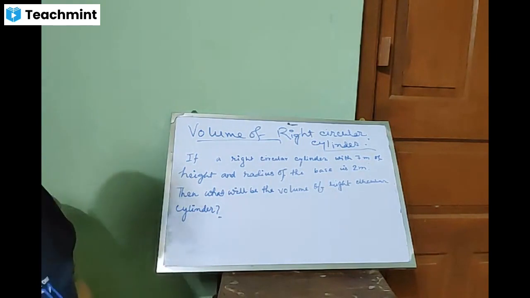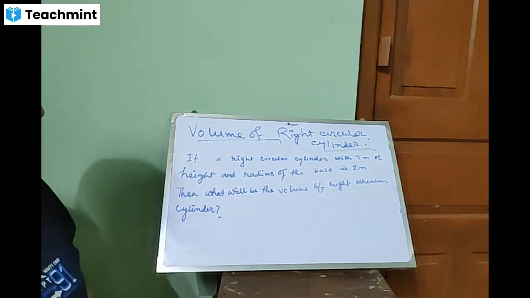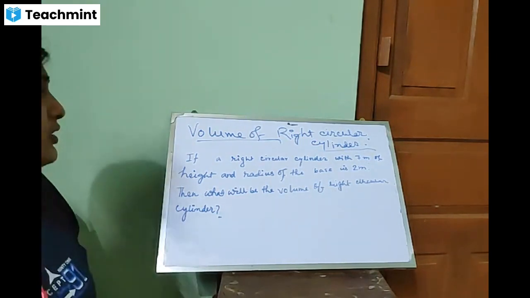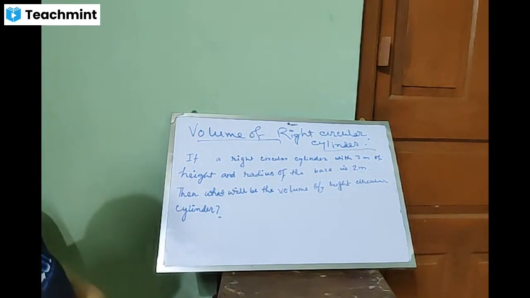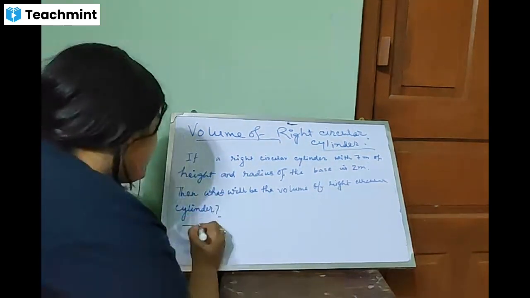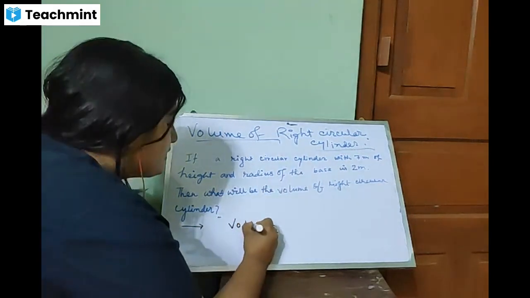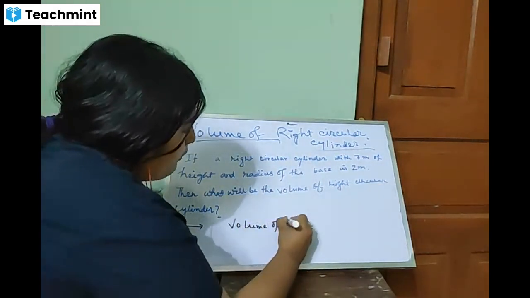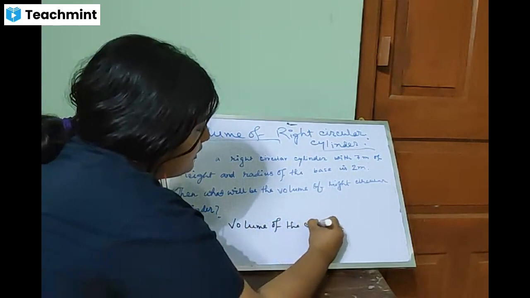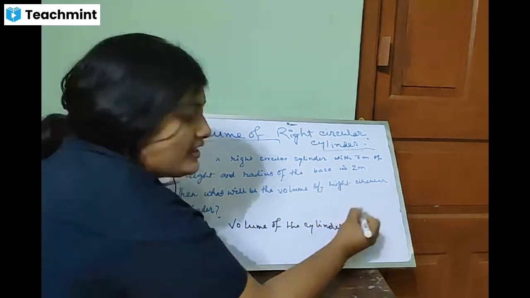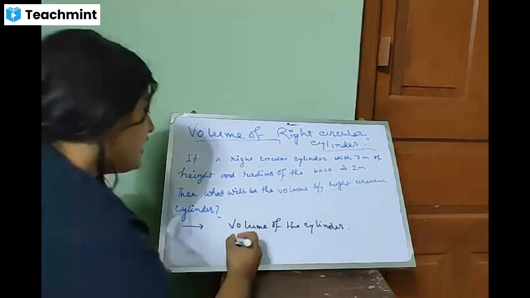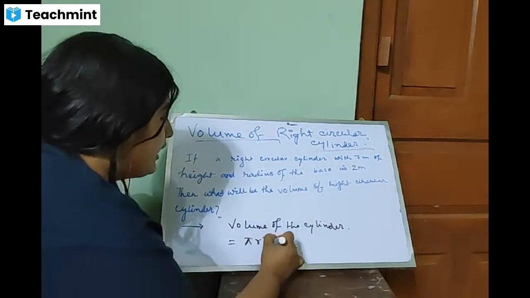At first we write this formula: volume of the cylinder is pi r square h.